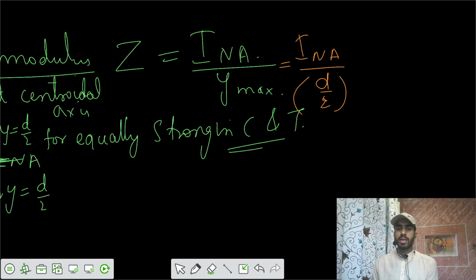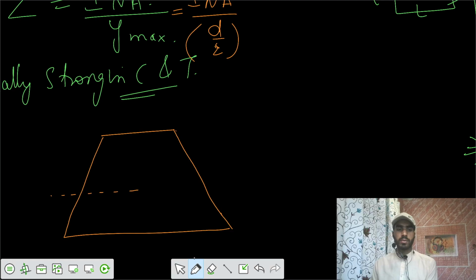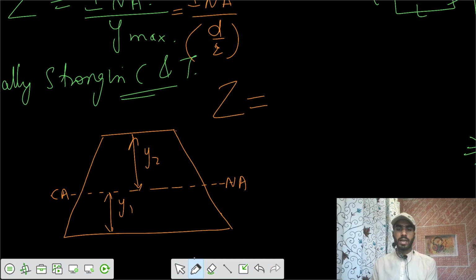Now if you have a section whose dimensions change in this way, we say that the centroidal axis is the neutral axis. This is your centroidal axis, and that's also the neutral axis. So this is your y1, and this one is your y2. What's the value of Z, the section modulus about the centroidal axis?